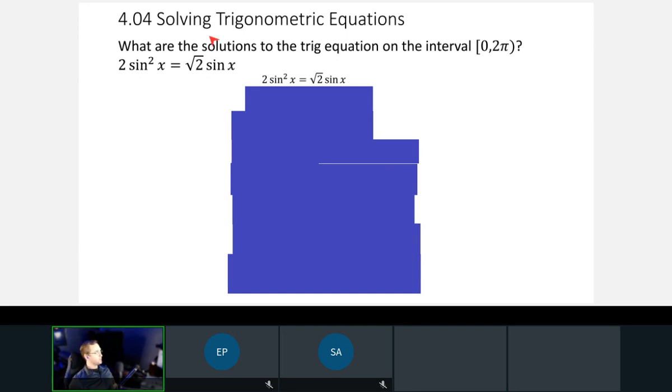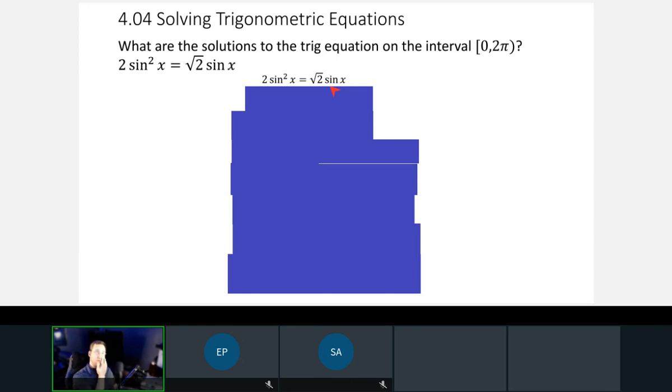So if you are watching this and you are thinking, hey, I can divide both sides by sine x, you are mathematically correct. You can divide both sides by sine x. You really want to avoid doing that because even though mathematically it's correct, you actually lose some of your answers.